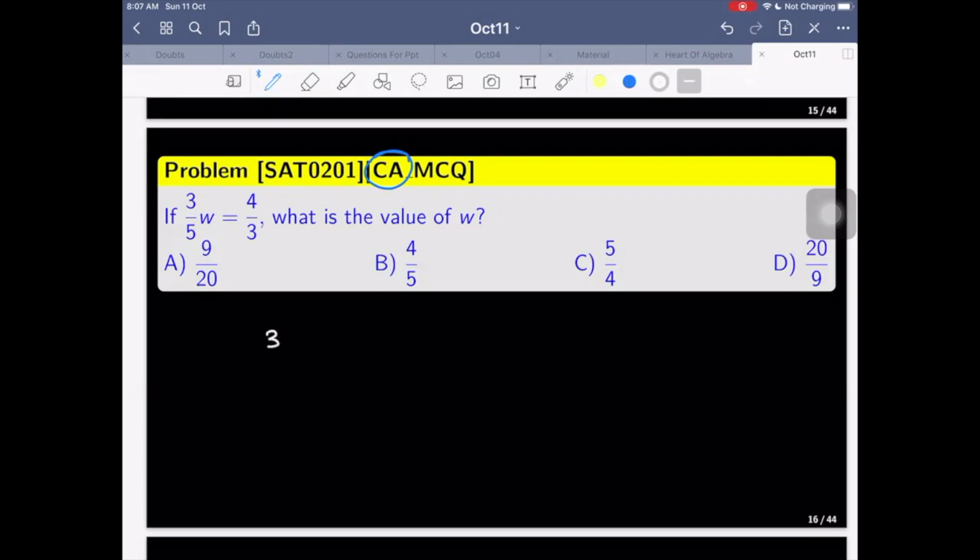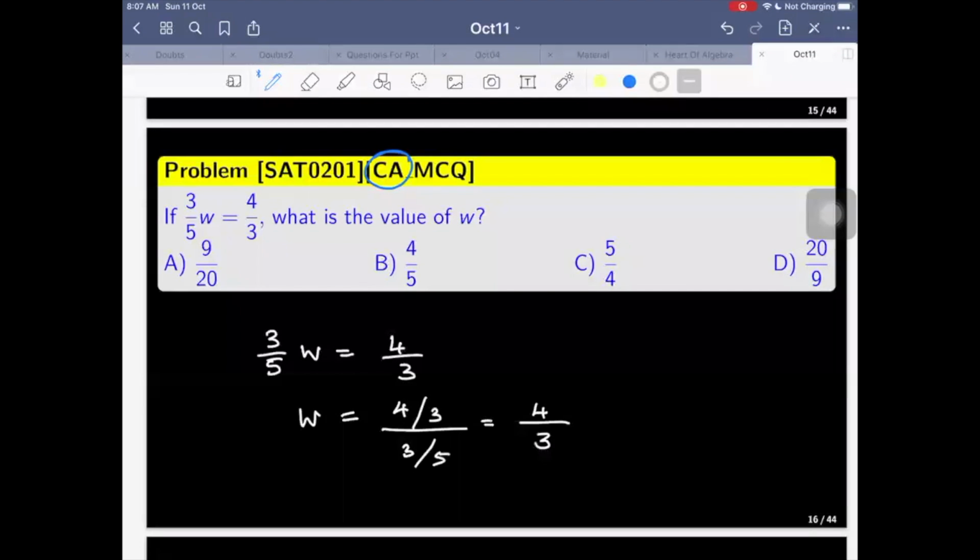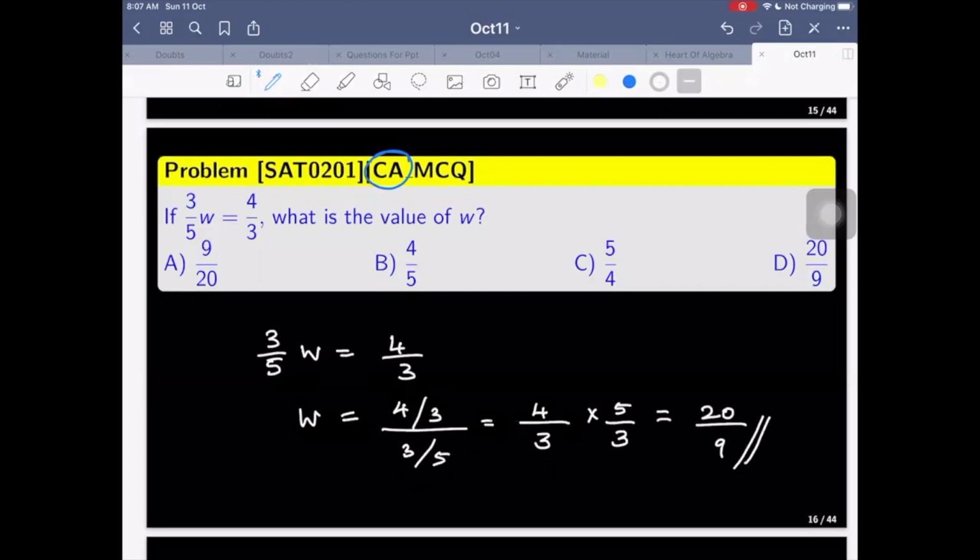So this is 3 by 5 times w is equal to 4 by 3. Okay. How to get rid of that 3 by 5? You have to divide the entire expression by 3 by 5. So w becomes 4 by 3 divided by 3 by 5. So the 3 by 5 in the denominator goes as 5 divided by 3. So that is nothing but 20 divided by 9. Cool. So far, so good, right?